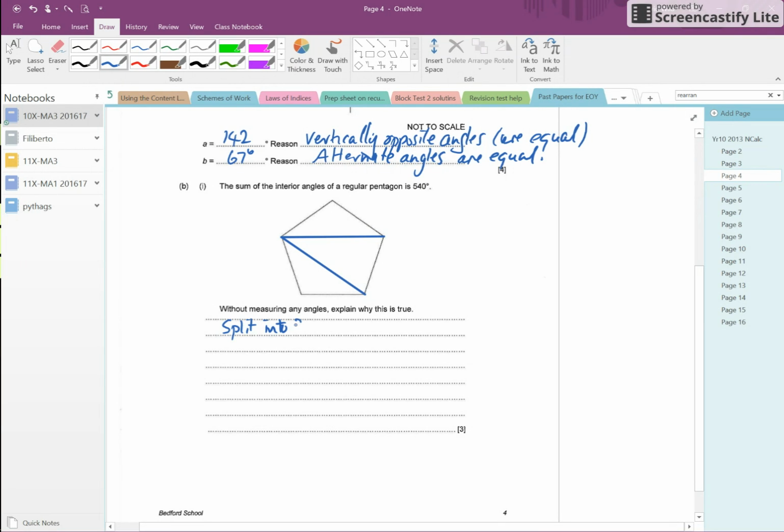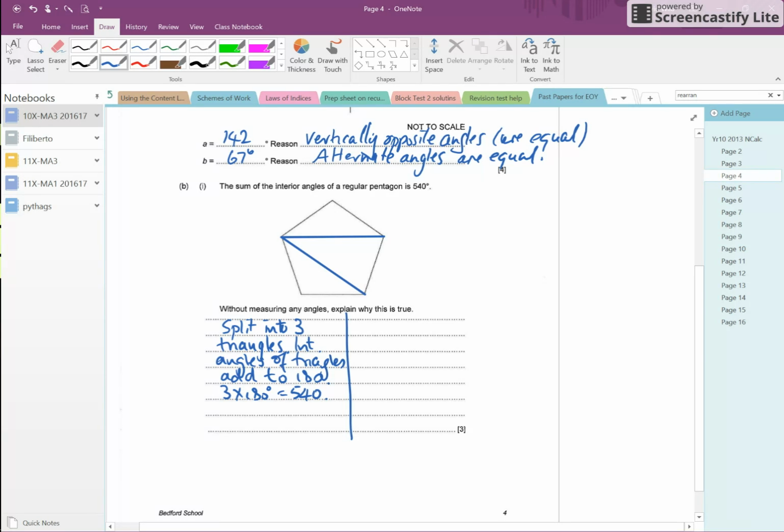And then interior angles of triangles add to 180, and 3 times 180 degrees is 540 degrees. That's one way of explaining it.